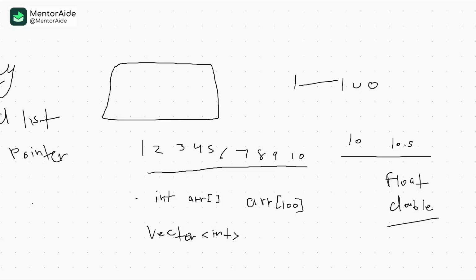What if I say that you will create a new array with the size of, let's say, 105, and now I will store all the data of this one into this one. Can we do that?